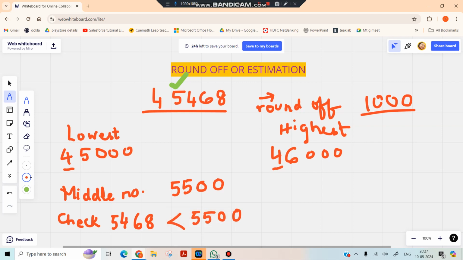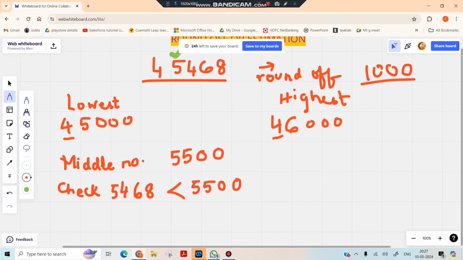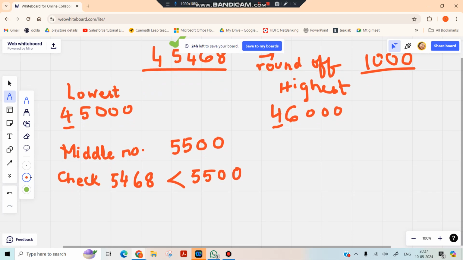If it is less than the middle number, then it will go to the lower thousand. The rule is, if it is less than the middle number, it will go to the lower thousand. If it is more than the middle number, it will go to the higher thousand. In this case, it is less than the middle number, so it will go to the lower thousand, which in this case is 5,000.